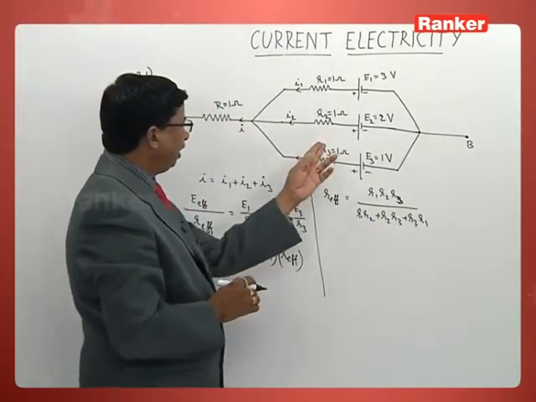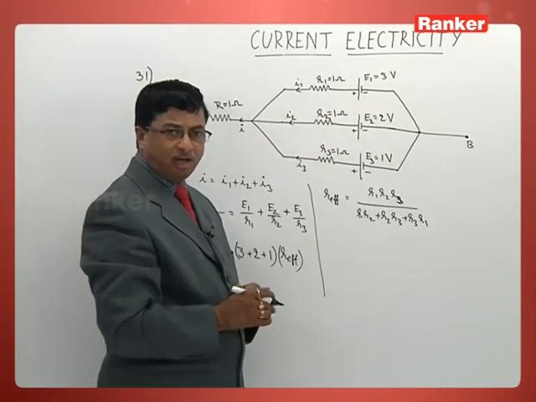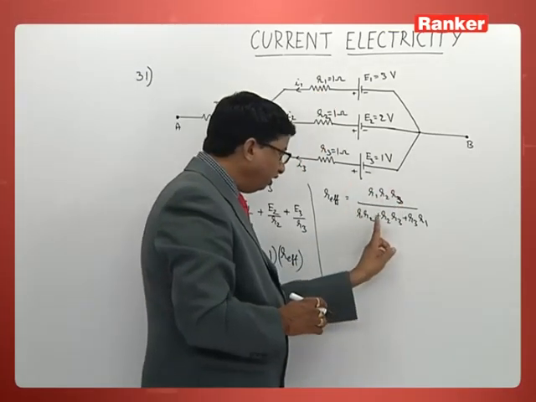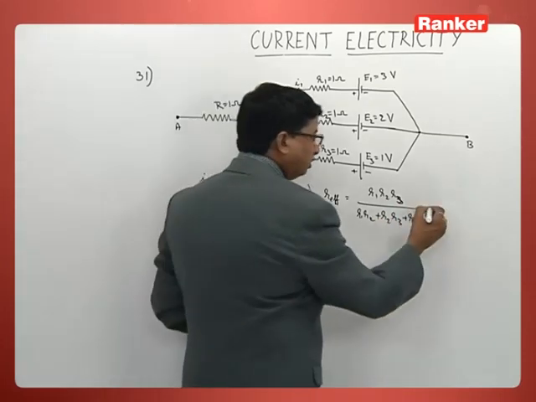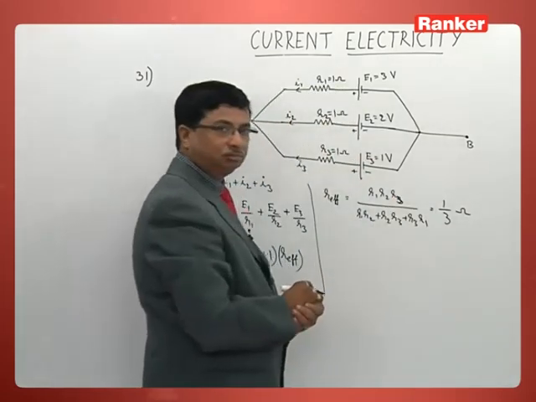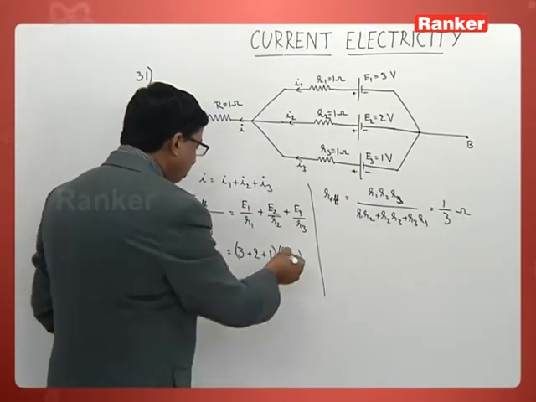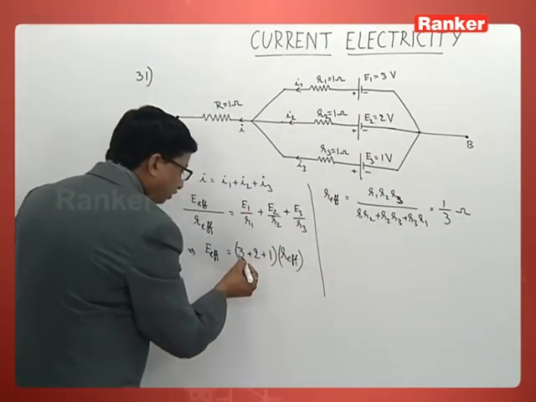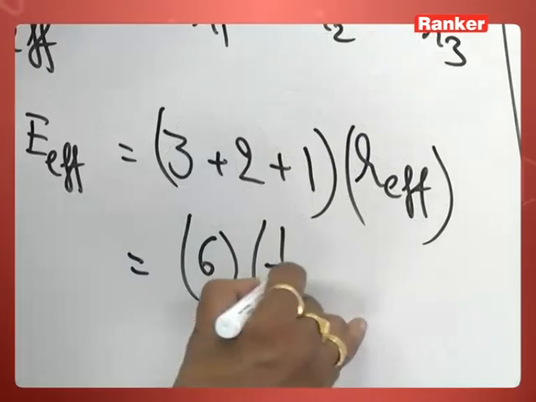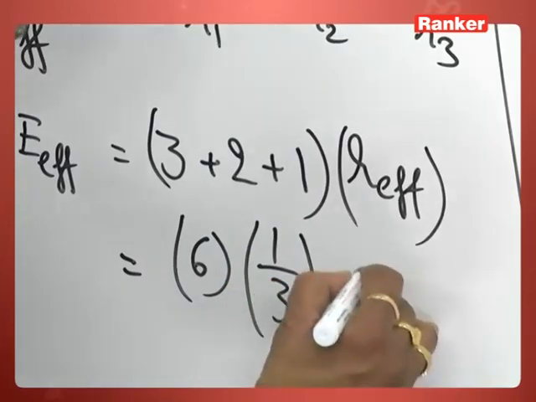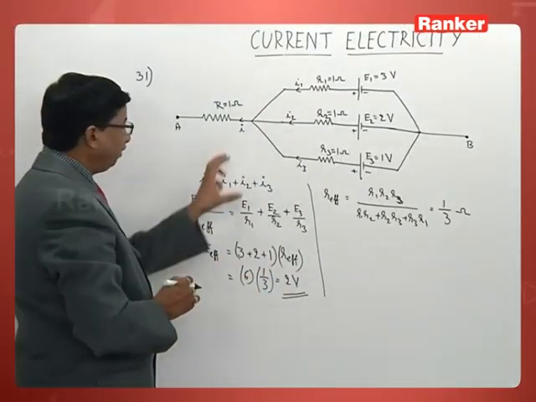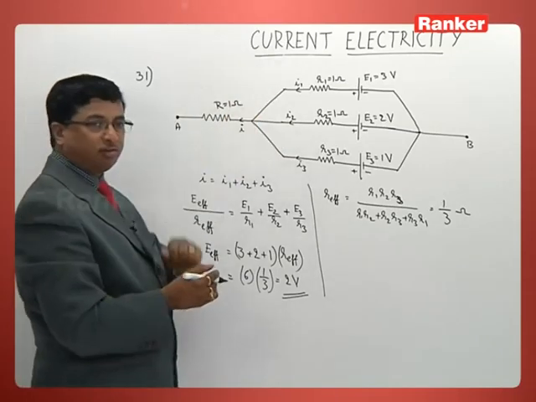And you know very well R1 is 1, R2 is 1, R3 also is 1. 1 into 1 into 1 it's 1. This is 1, this is 1, this is 1. So how much it will now be? 1 by 3 ohm. That value, come on, you substitute it here. 3 plus 2 plus 1 is 6 into 1 by 3. How much it will now be? 2 volt. So the effective EMF of the system is 2 volt.